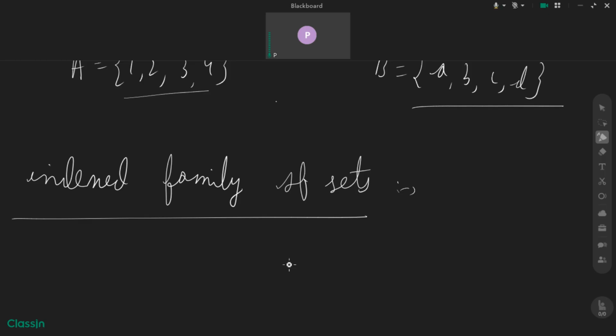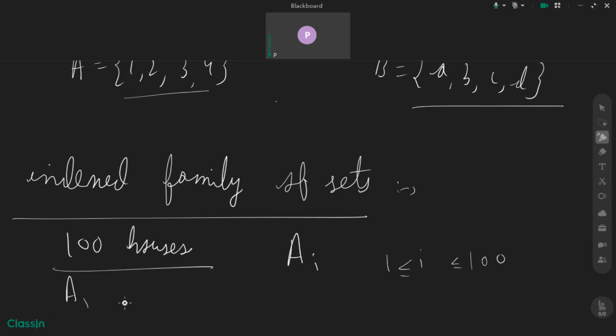Let us say we have a colony, and in this colony there are 100 houses. The members of one house are represented by A_i, where i is greater than or equal to 1 and less than or equal to 100.